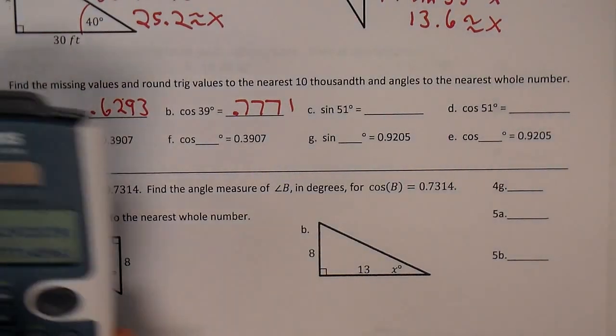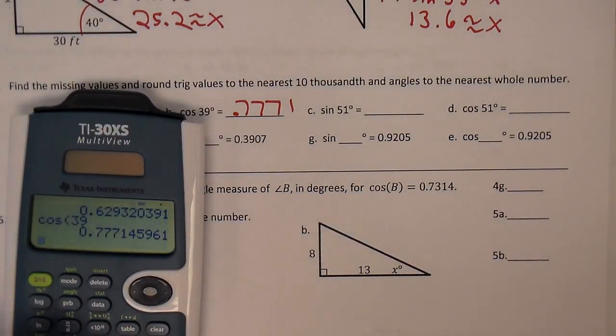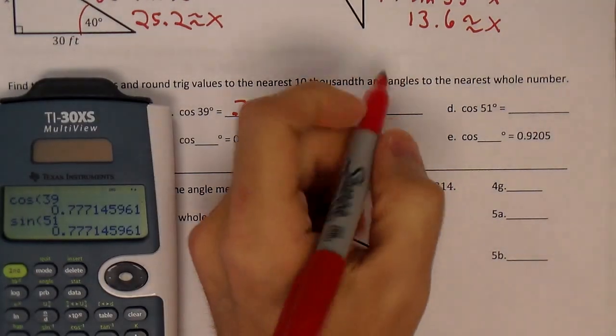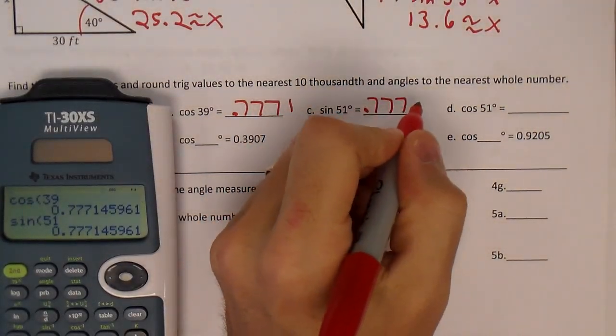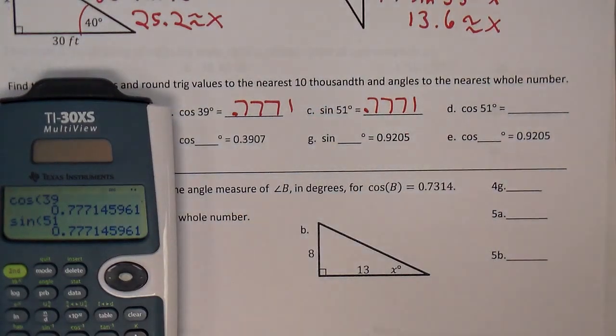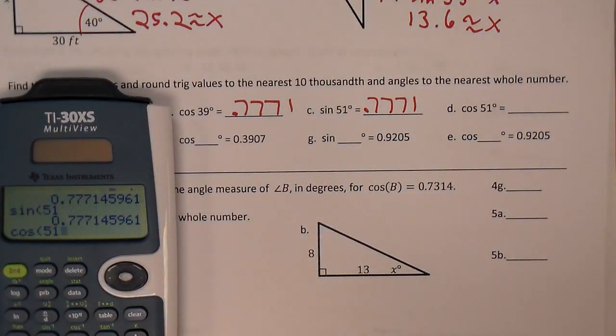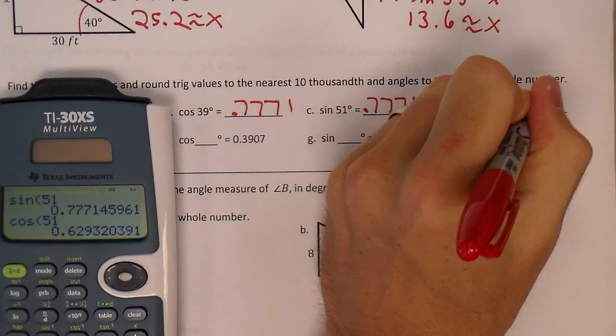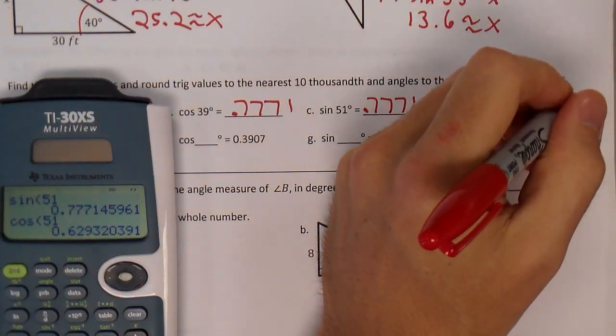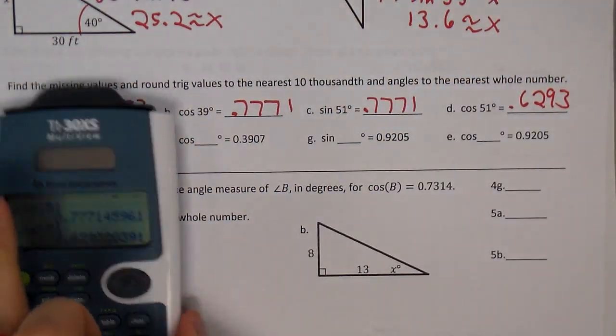Then we're going to do sine of 51. It's going to be 0.7771, then 1/4, so the 1 stays. And cosine of 51 is 0.6293, then it's 3/2, the 3 stays.